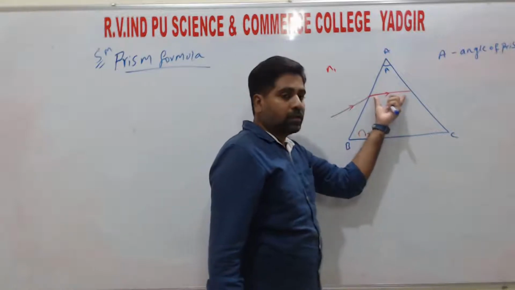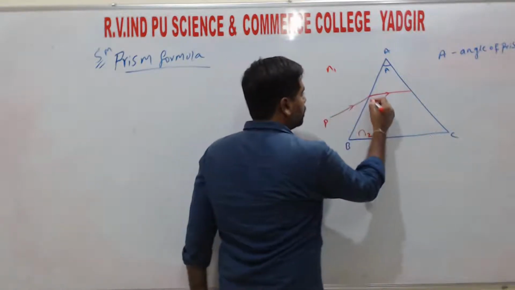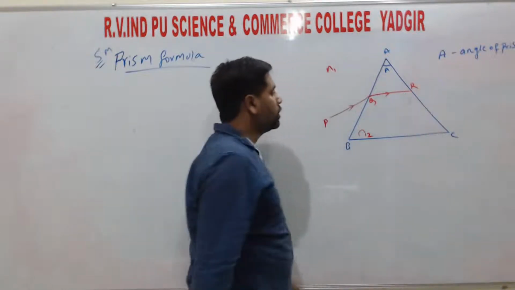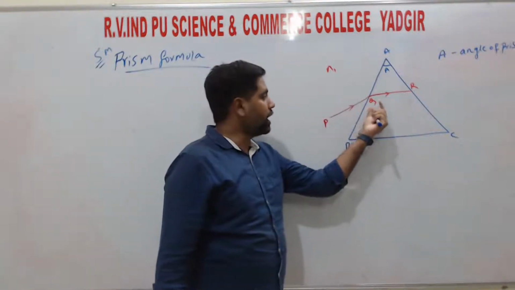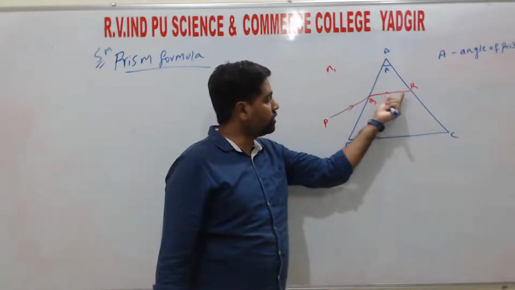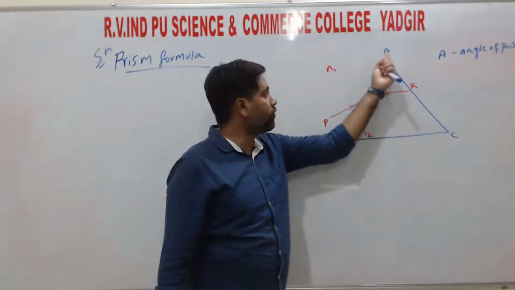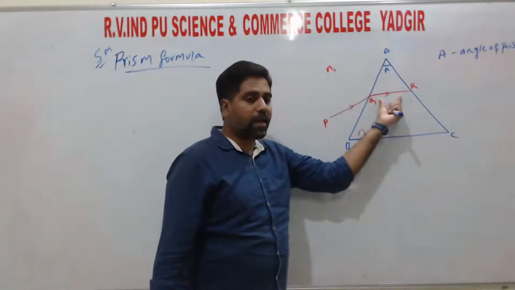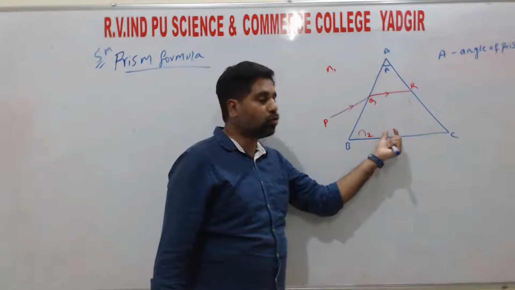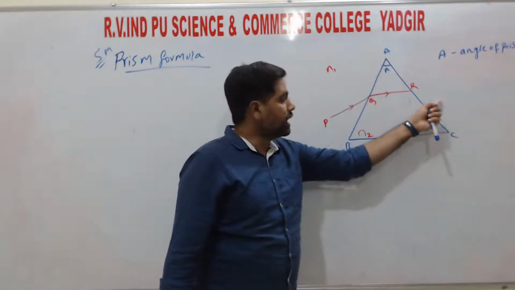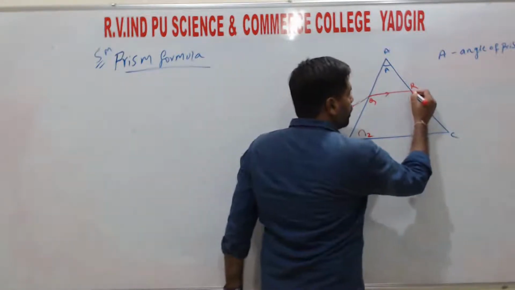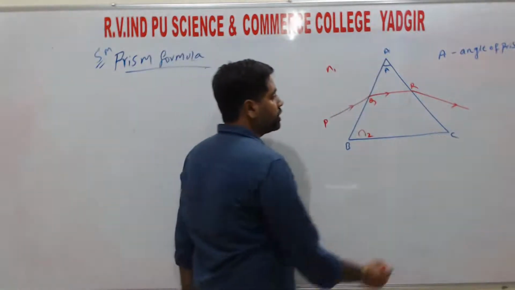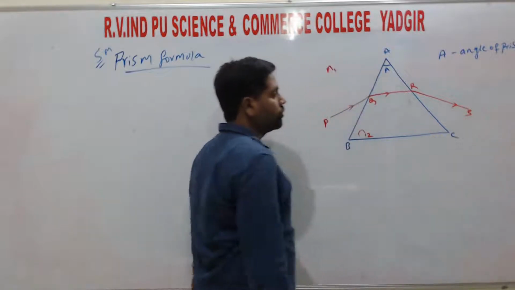QR is traveling from the denser medium N2 to N1, hence it bends away from the normal. This gives the emergent ray, which we call S.